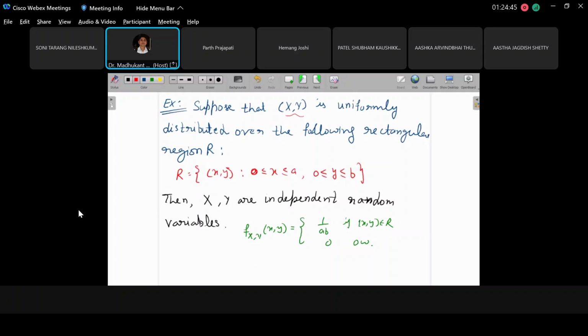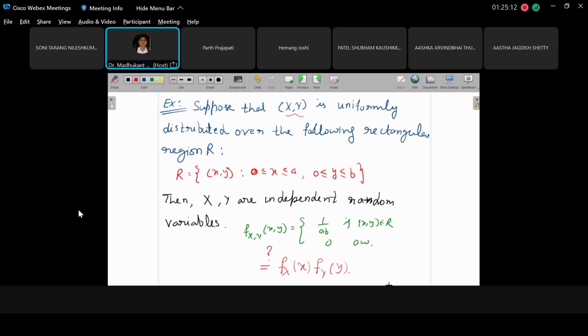So how would you verify that these are independent random variables? If their joint PDF can be written as fx of x into fy of y. Can I do this?